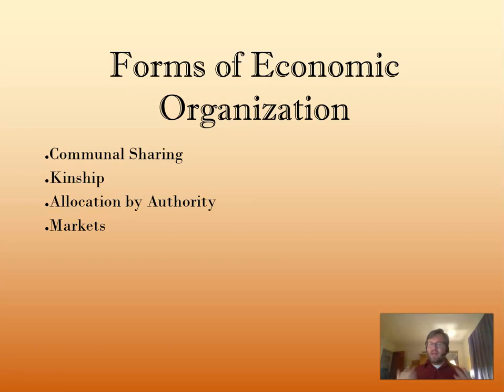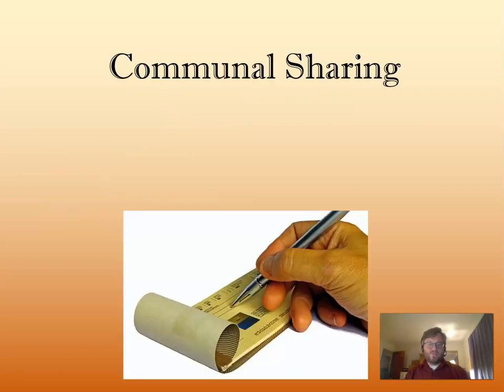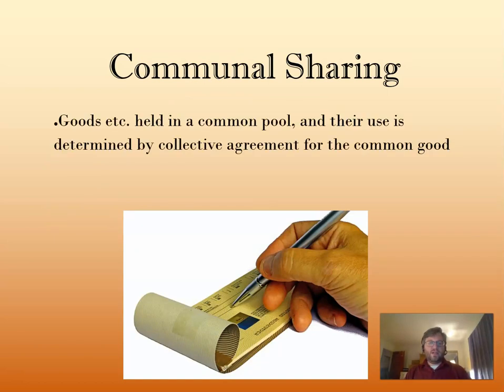But we have elements of all of them in mainstream contemporary American society. And so we can illustrate what all of these things are doing with examples that probably all of us have encountered. So these four forms of economic organization that I'm going to talk about are communal sharing, kinship, allocation by authority, and markets. So if we start with communal sharing.